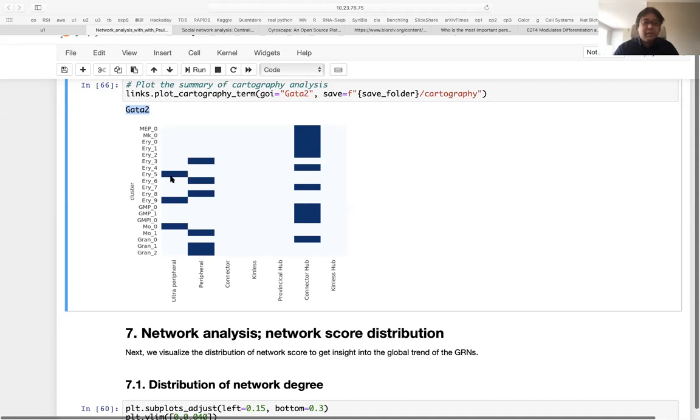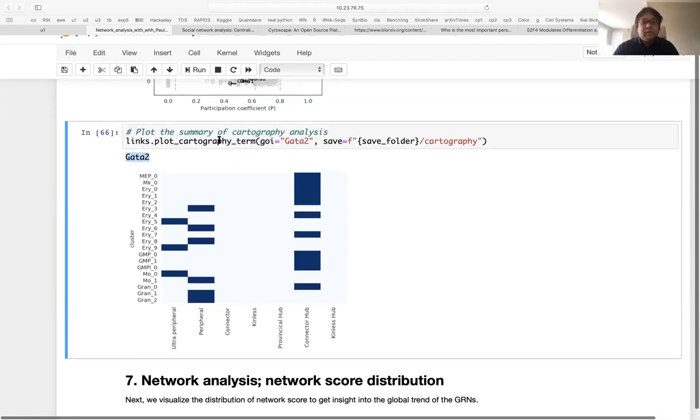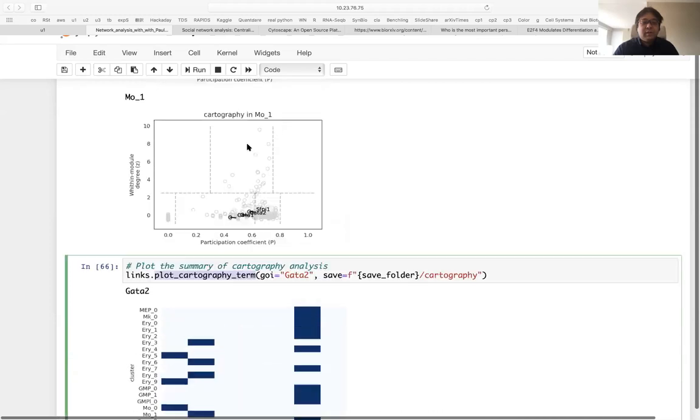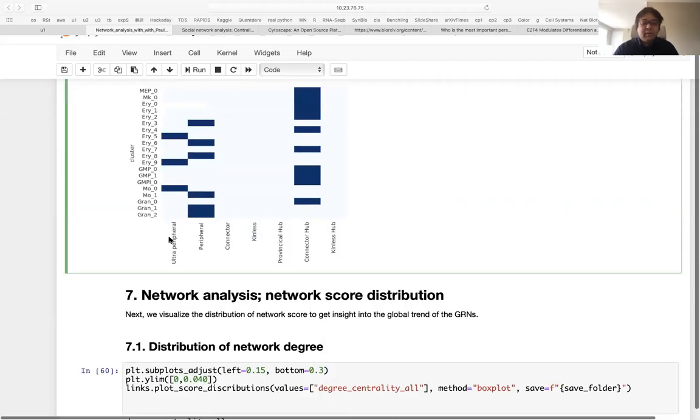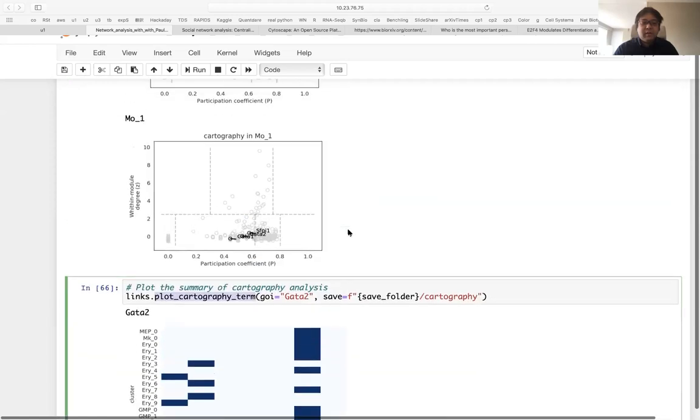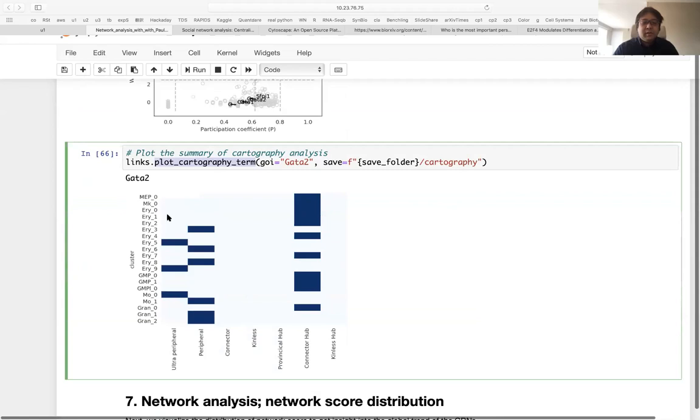And that's important in the late differentiation lineage. Using this score or this analysis, you can classify your gene into several groups, and you can assume this gene may be important in this phase, but not important in this cluster.